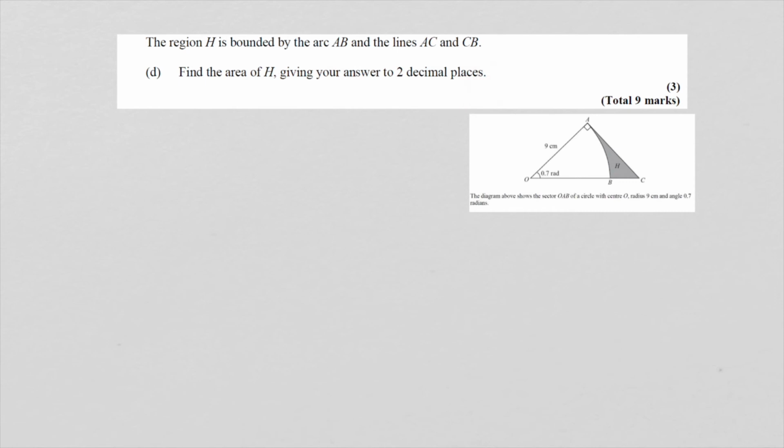Well, first of all, we need to observe what we've got here. We've got a right angle triangle, so we know how to find the area of that. That's easy. And we've got a sector here. The triangle is bigger than the sector, so it's always best to find the area of the sector and take it away from the area of the right angle triangle. So that's what we need to do.